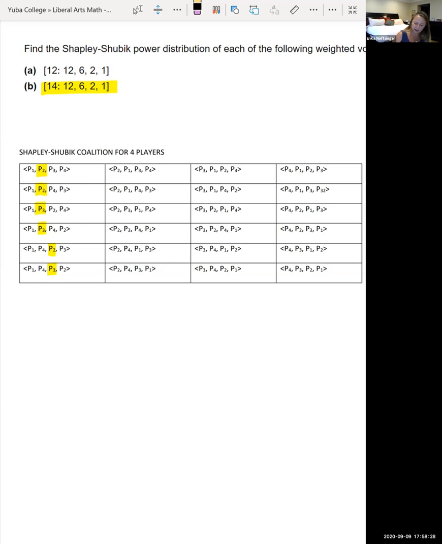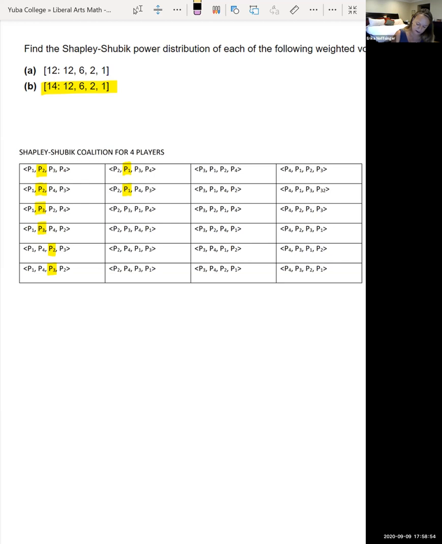So now going to player 2 and then player 1, we know that 2 and 1 together, player 1 would push them over the edge with 18. Player 2 and player 1, again, player 1 would push them over the edge. Player 2 and then 3. If I have player 2, which is 6, plus player 3, that's 8. 8 is not pivotal.